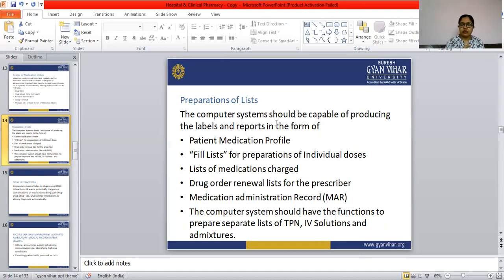The computer system should have the function to prepare separate lists of the TPN, IV solution, and the admixtures. So these all are done with the help of the computer only.